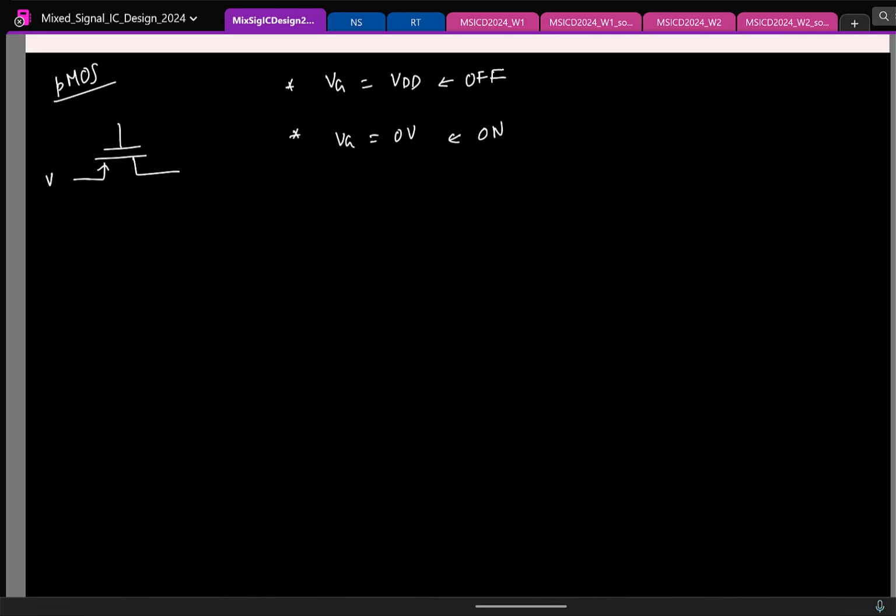Remember that typically we want our clock signal going from 0 to VDD. When the clock is low, you want this to be off, and when it is high you want this to be on. For a PMOS it is inverted, so you feed a complement of my control signal to the PMOS transistor.